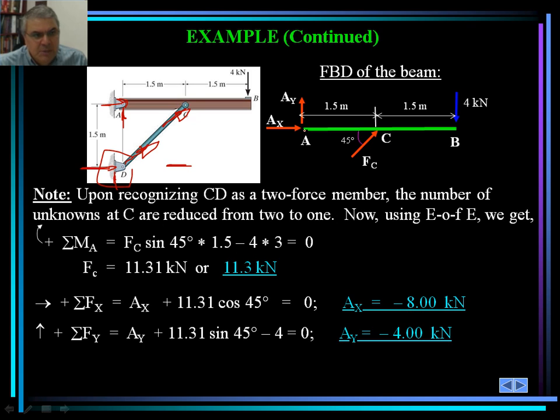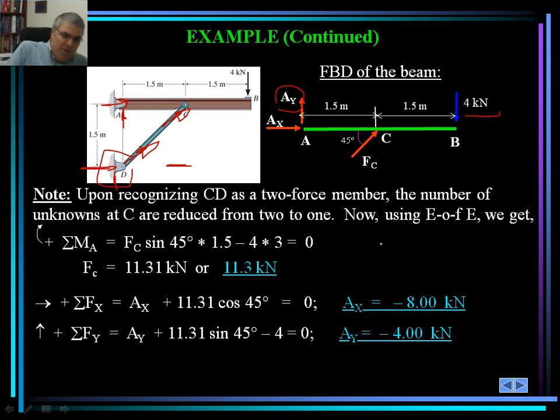We just take the point E, because I could also have taken the moment about point C, and then I would calculate A sub Y, knowing that there's a 4 kilonewton at the end, and I would come back later and calculate the C.